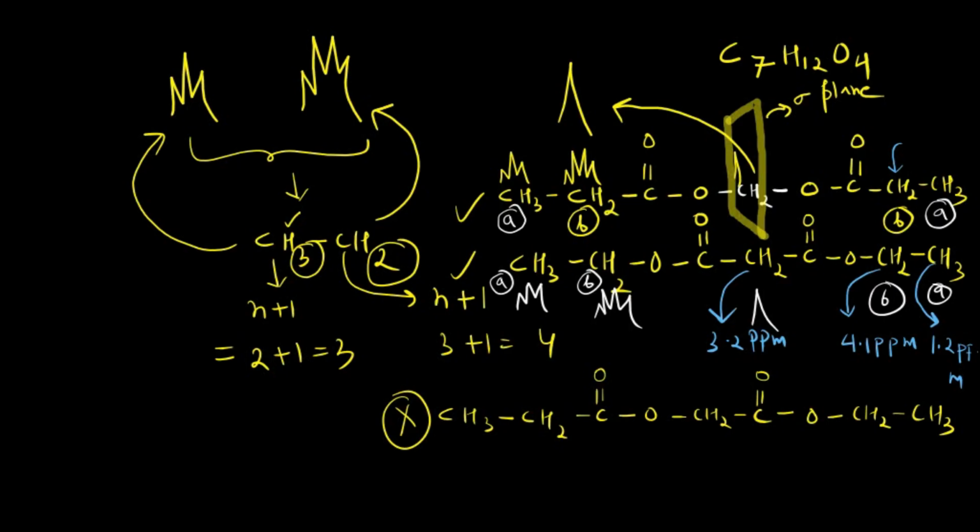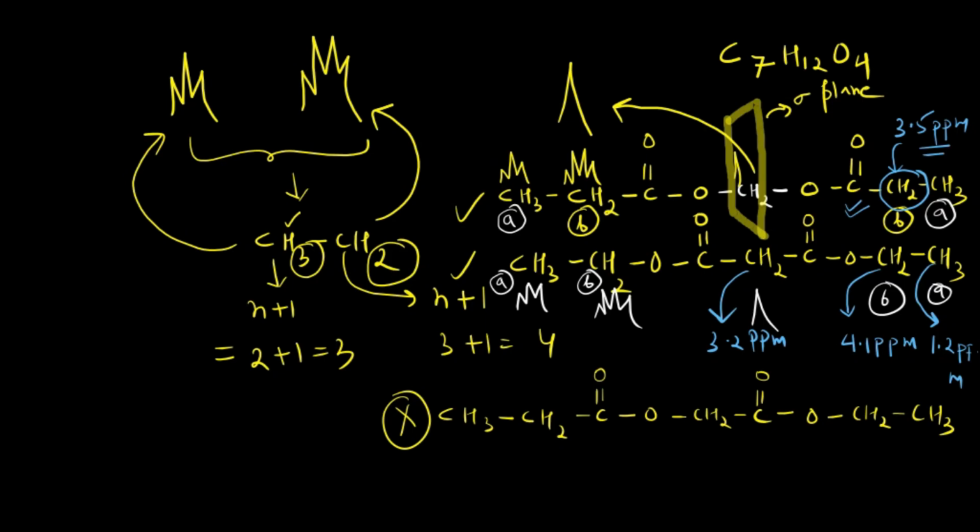So if you consider this one, then this CH2 will be somewhere around, I'm writing 3.5 ppm. A typical methylene connected with this carbonyl group has its chemical shift in this range, centered at 3.5 ppm.